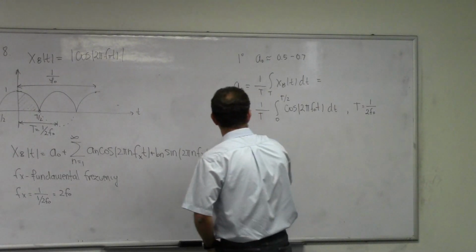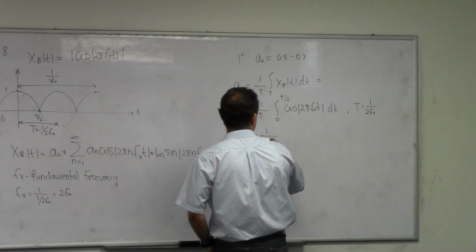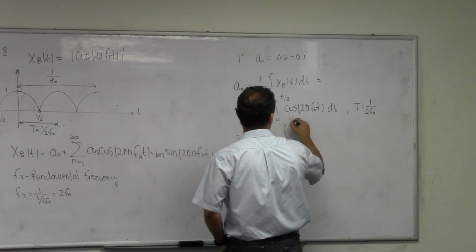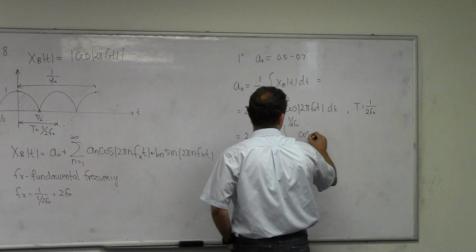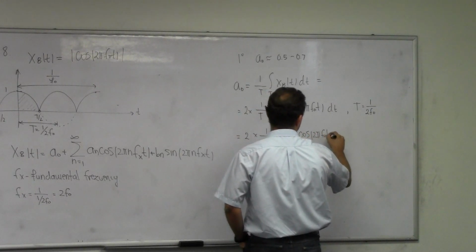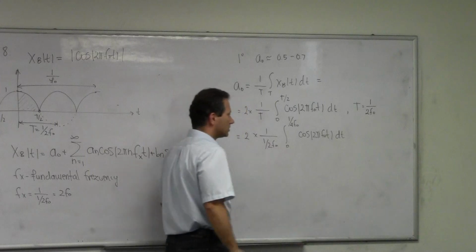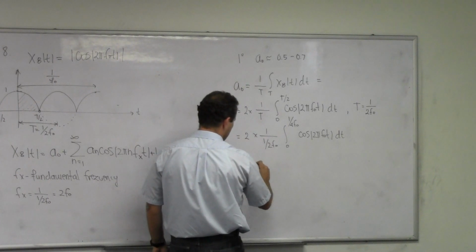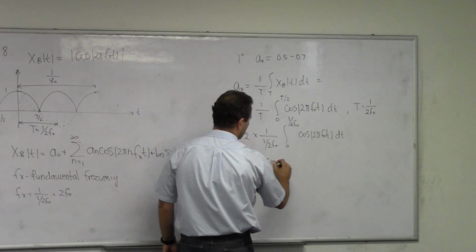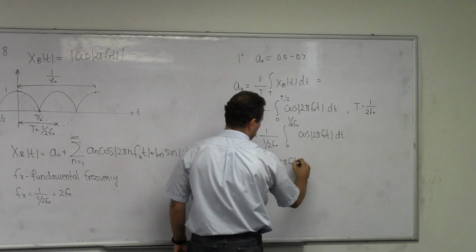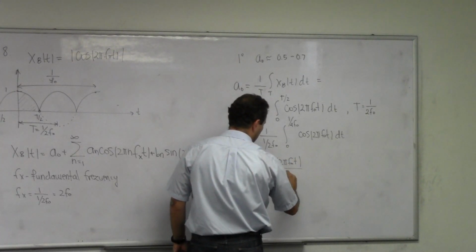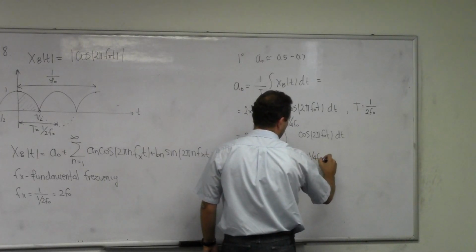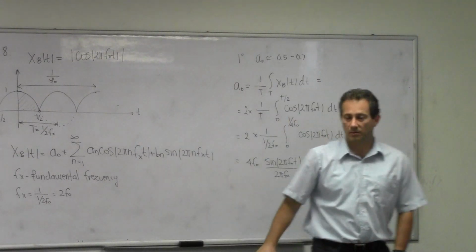So I have 2 times 1 over T, which is 1 over 2f0, integral from 0 to 1 over 4f0 of cosine 2 pi f0 t dt. The integral of the cosine is sine. So this becomes 4f0 times sine of 2 pi f0 t divided by 2 pi f0, from 0 to 1 over 4f0. That's the integration here.